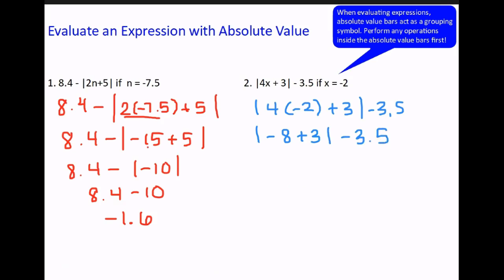So 4 times -2 is -8. -8 plus 3 is -5. But the absolute value of -5 is 5.